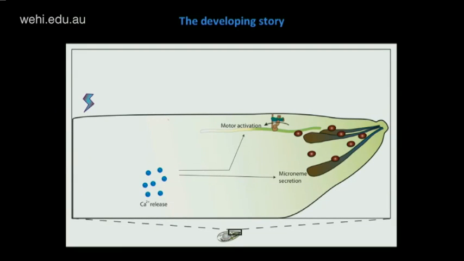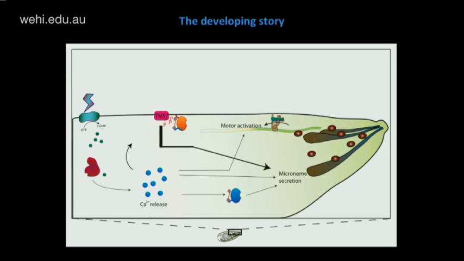So I've been able to show you that in recent years, we've gone from a model where we essentially didn't know anything about what happened between calcium release and motility, to knowing that CDPK1 was important in microneme secretion. We've been able to characterise that CDPK3 has some kind of amplification role in microneme secretion and motor activation, and that one of its targets is probably a protein called TM5, which we were able to pull out with that random chemical mutagenesis.